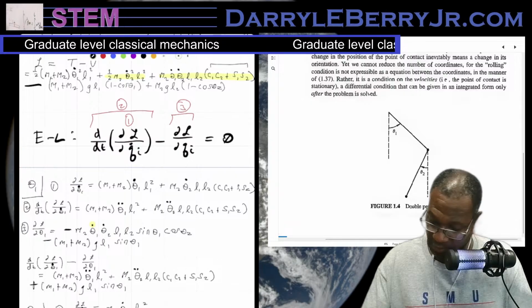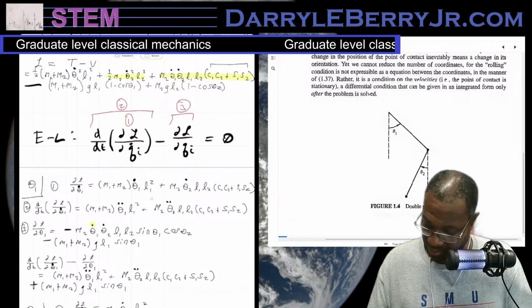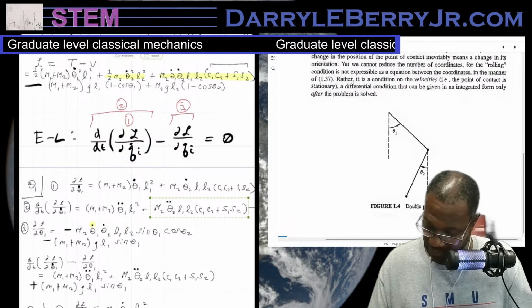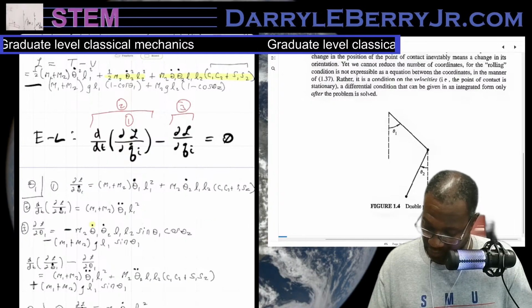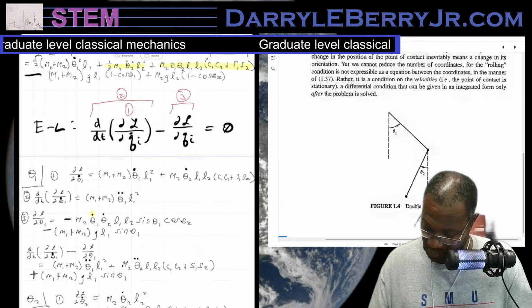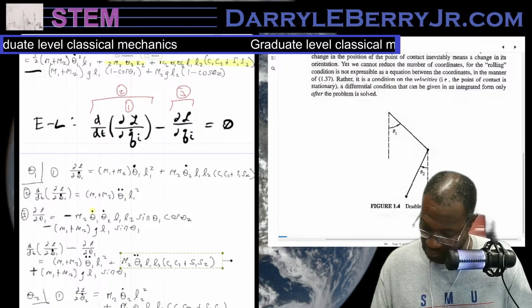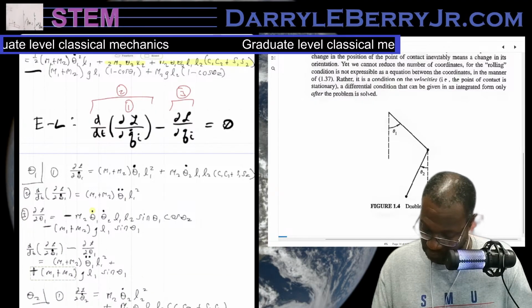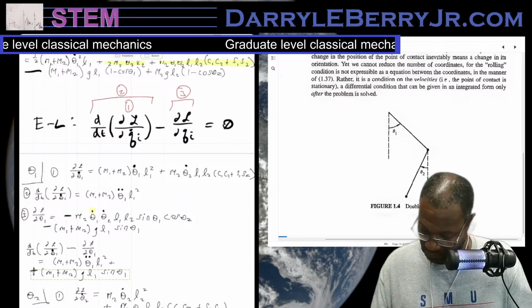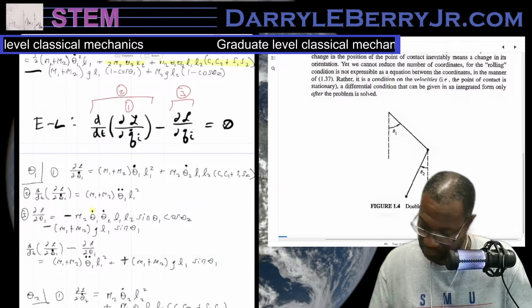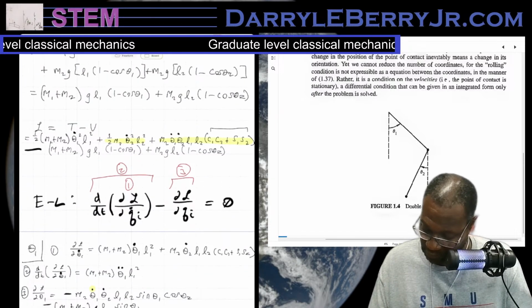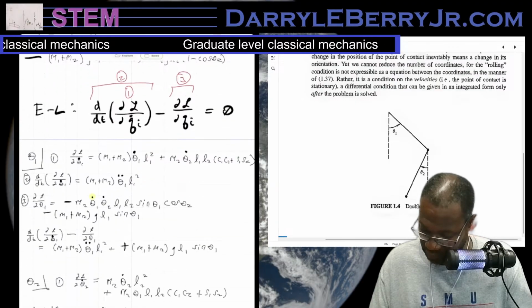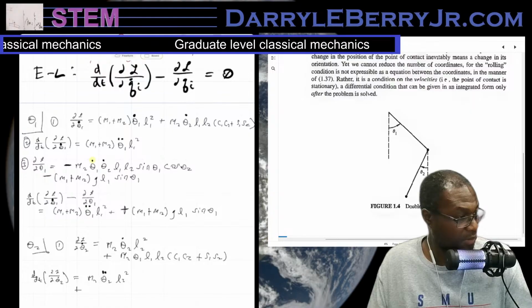I did, didn't I? I put a double dot on the theta 2 instead of zeroing that out. So that means that this whole term will go away. I might be missing a term. Theta 1 dot goes away. Let's see what we get. That is the first one.